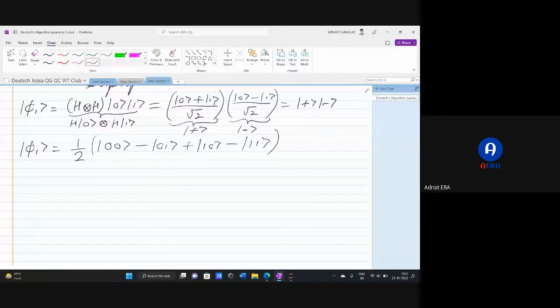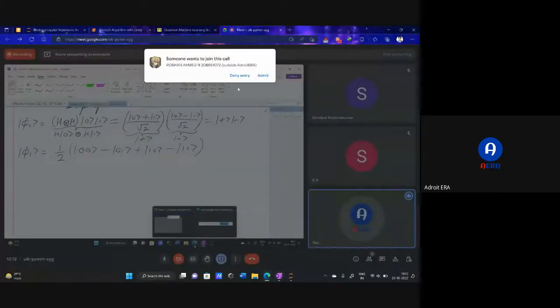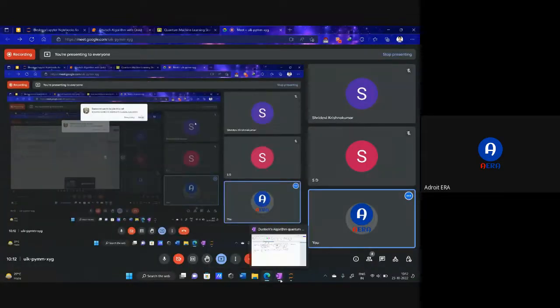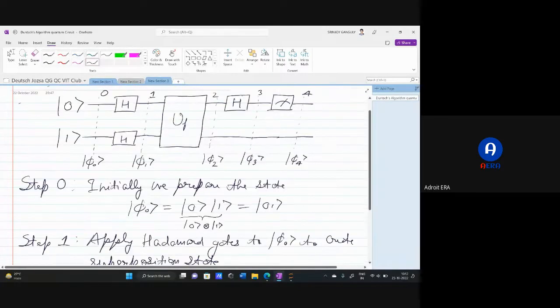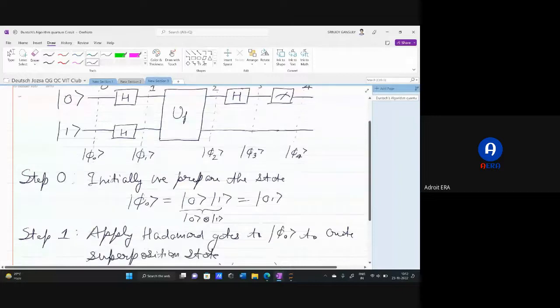We also started the analysis of the Deutsch algorithm's quantum circuit. We saw the circuit, where we start with ket 0 and apply Hadamard gates, and we defined it into several steps that we are solving step by step.